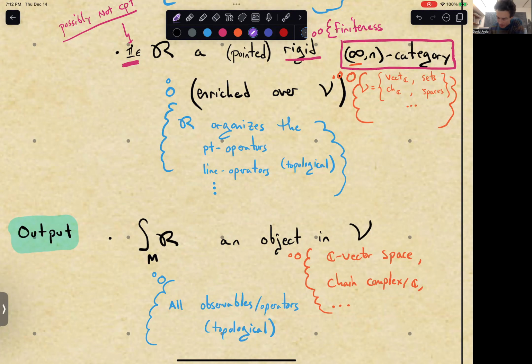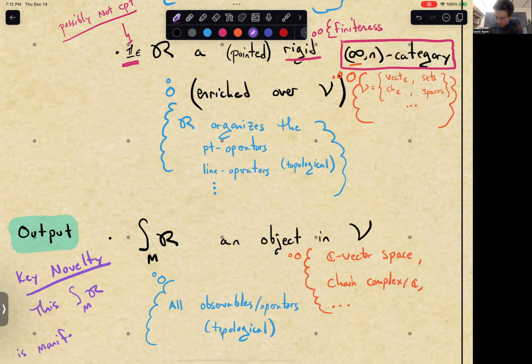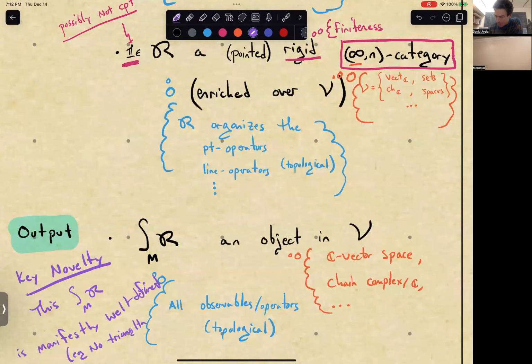So I'll just note this, that the advantage here, the key novelty, is that this construction is manifestly well-defined. So no choice, no triangulation, etc. And it's also derived. And I'll speak to the advantages of derived in just a moment.